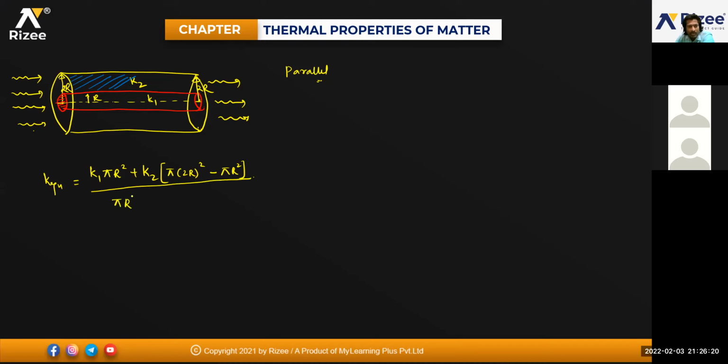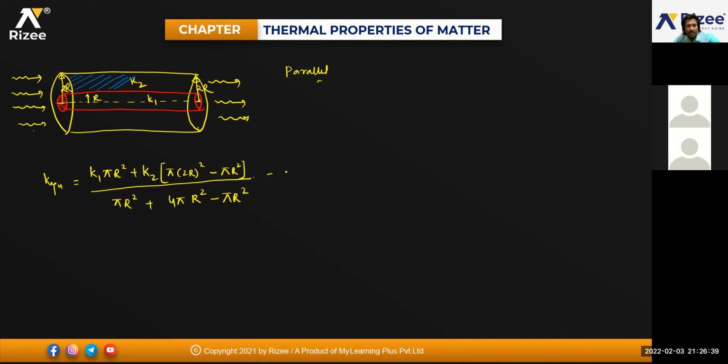Pi R square for the first one plus 4 pi R square minus pi R square. Since I have taken the square of 2, I got 4 pi R square.